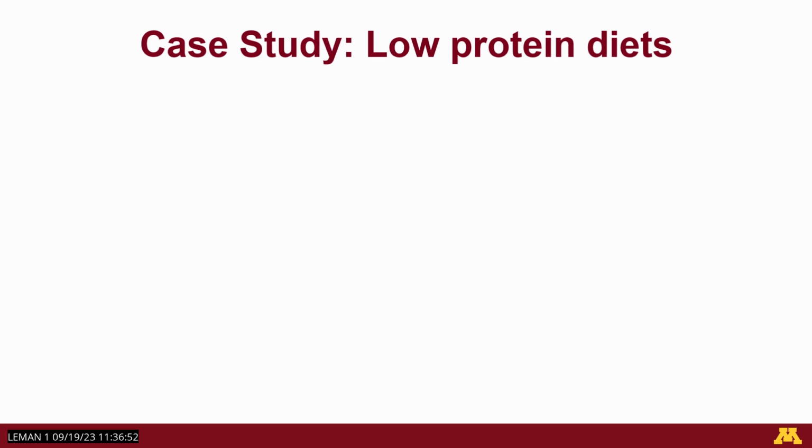In order to show why it's important to understand the different layers we have in the swine industry, I'm going to give one example about low protein diets. Let's assume that we perform an experiment where we have a control diet, which is a regular corn soybean meal diet, and then we have a treatment diet.